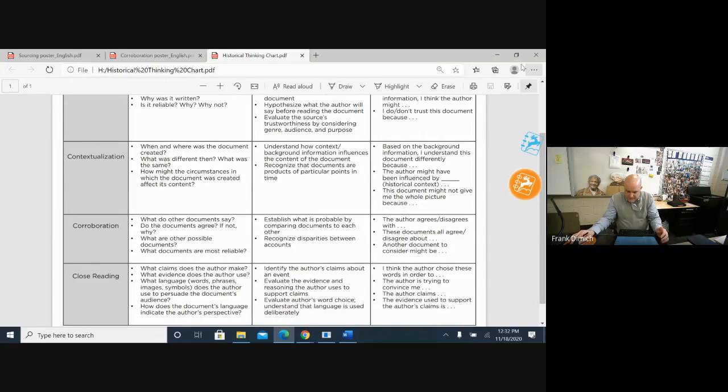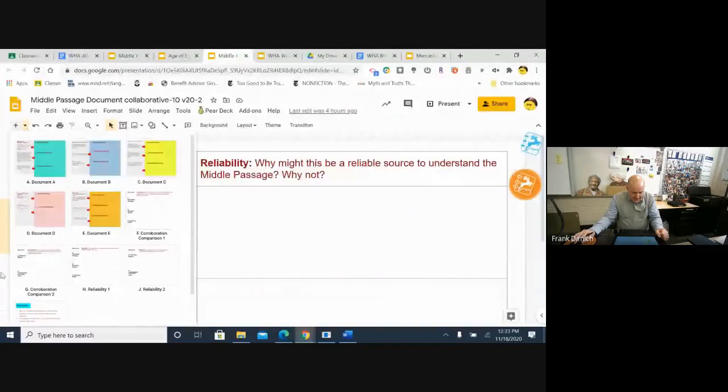So on the slideshow, which hopefully maybe you've had a chance to open now, add in yours, go to that drop down plus sign. You're going to add in corroboration, comparison 1 and comparison 2, reliability 1 and 2, in addition to your documents, in addition to ones you did.